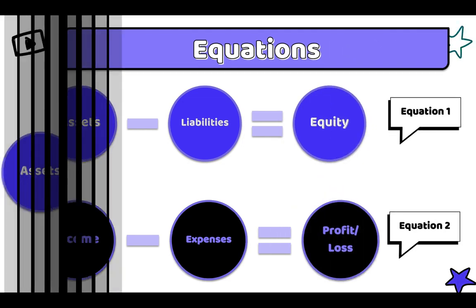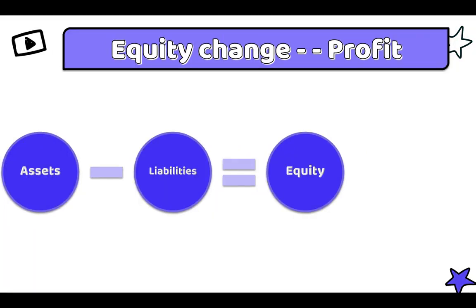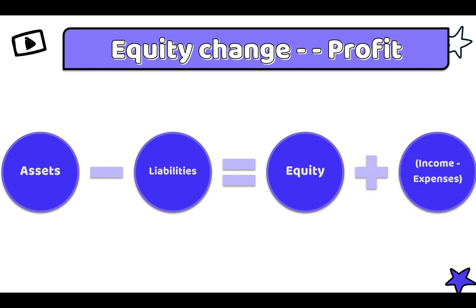So let's make our third combined equation reflecting the profit in our equity status. This will be assets minus liabilities equals equity plus, in the brackets, income minus expense, which we can easily translate to assets minus liabilities equals equity plus profit.